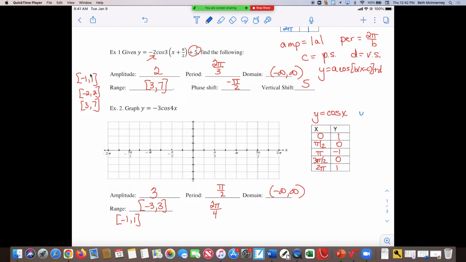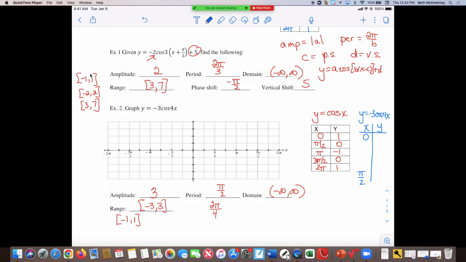Then I'm going to change this to y equals negative 3 cosine 4x. And what you do is you go 0, and you put the period length at the end of the table. So that is 0 to pi over 2.